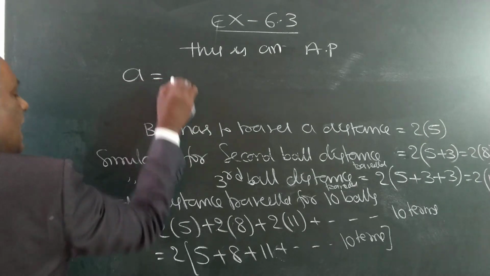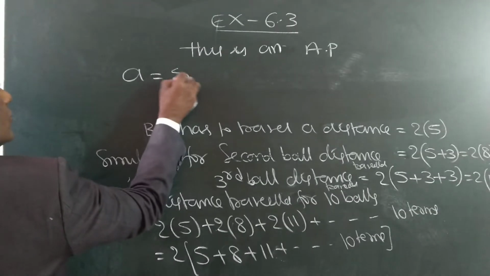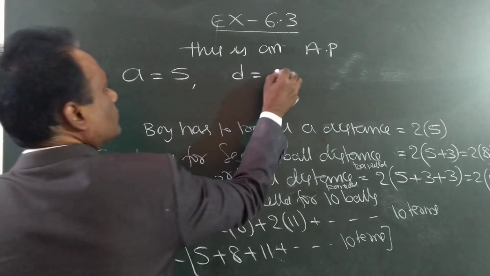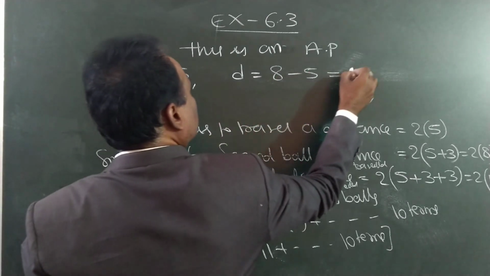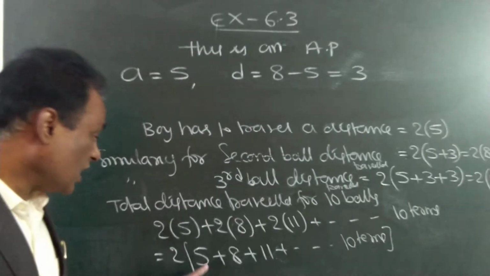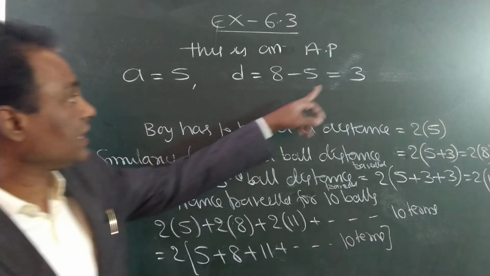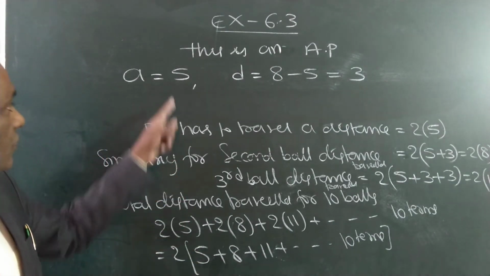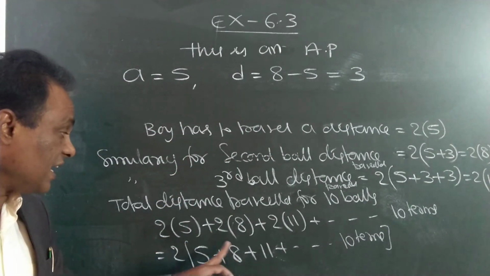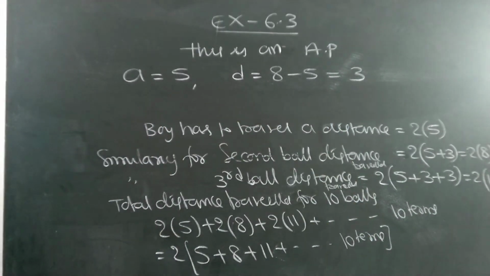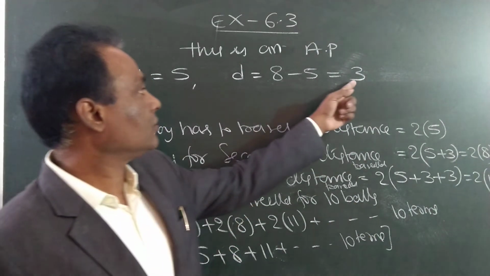What is a, the first term? 5. What is the difference? 8 minus 5, 3.